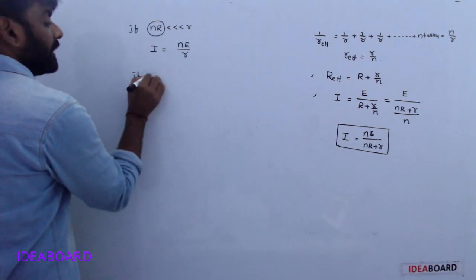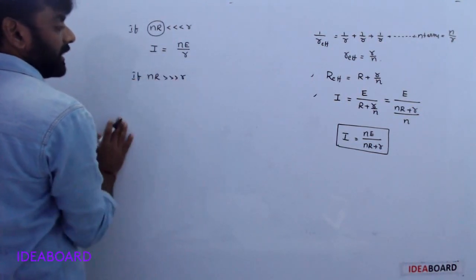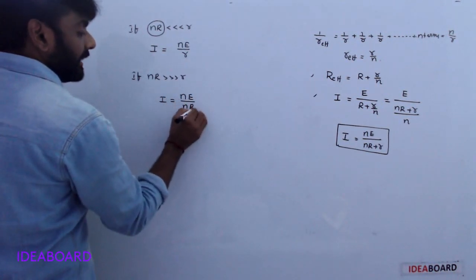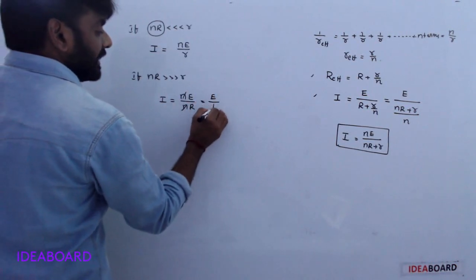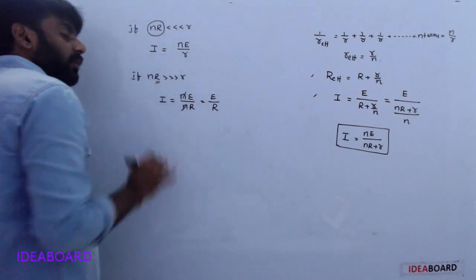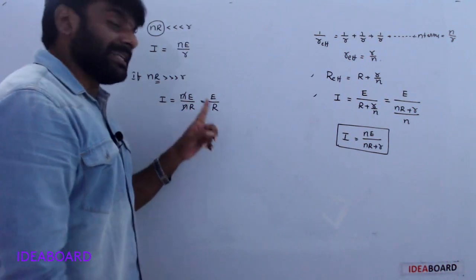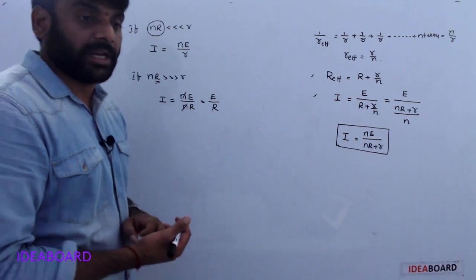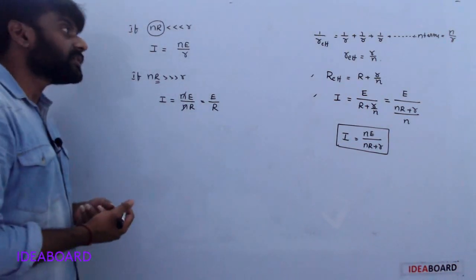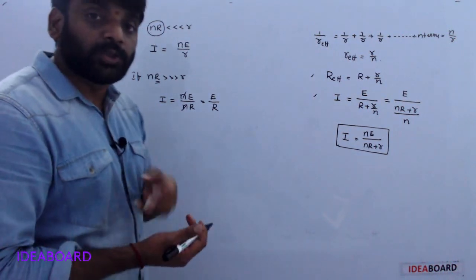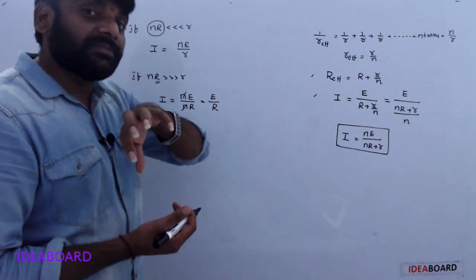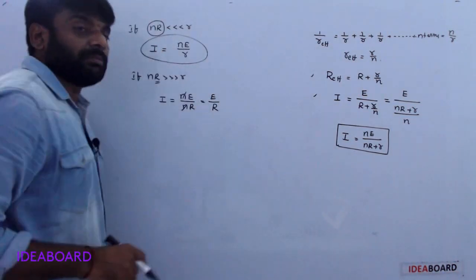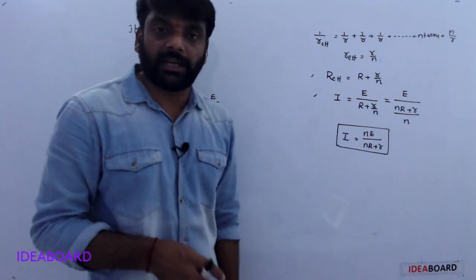If N R is very much greater than r, that means the internal resistance is neglected, N E by N R, that means E by R. If the external resistance is more, the obtained current is the current through a single cell. So in parallel combination, if the external resistance is very small compared to the internal resistance, in that case you will get the maximum current. Understood? Okay.